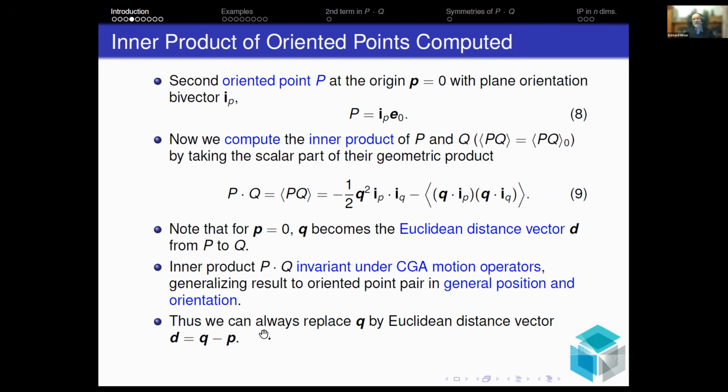So we can always replace, for any position of P and Q, the vector Q in equation 9 by the distance vector between the positions of the 2 points. So therefore, you can freely replace Q by D, which is Q minus P, if P is not 0.